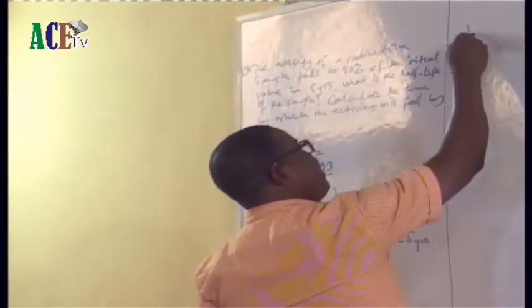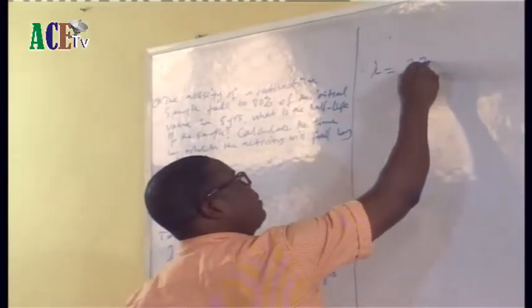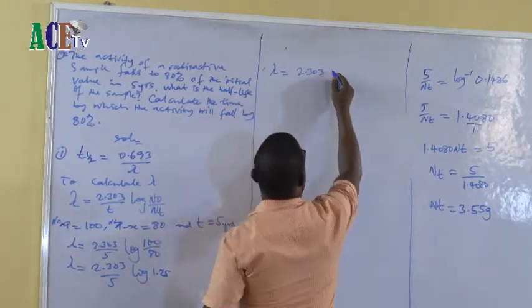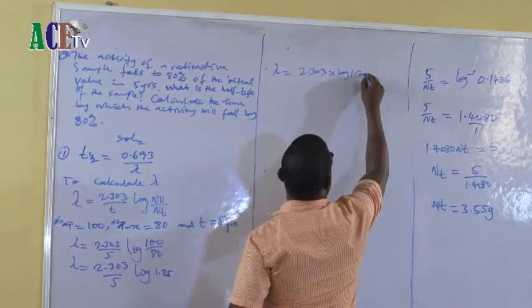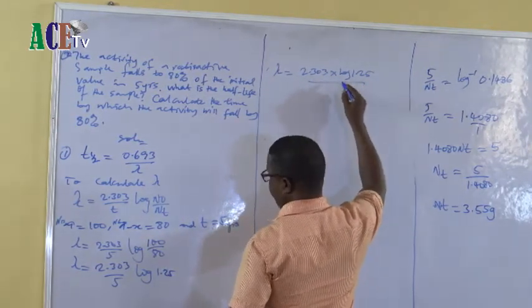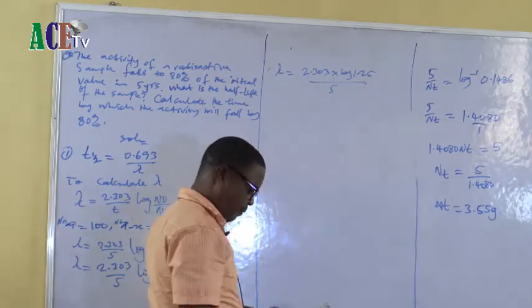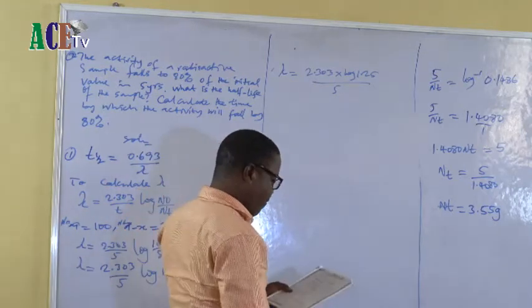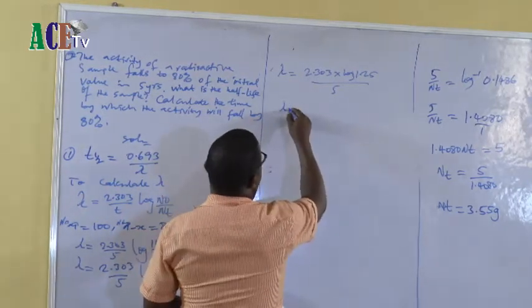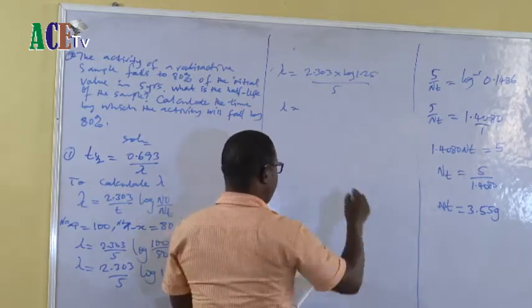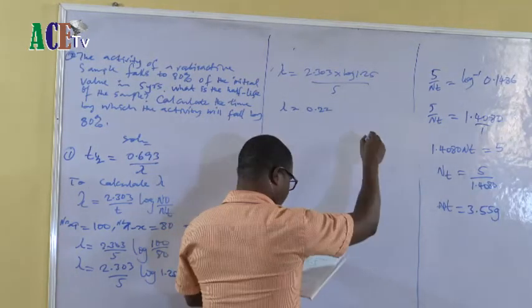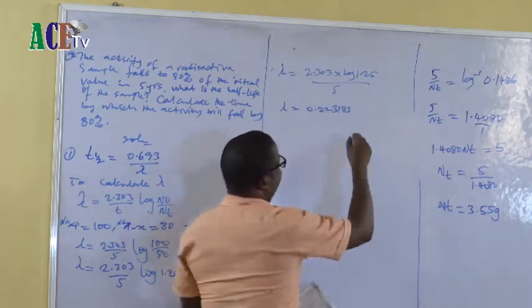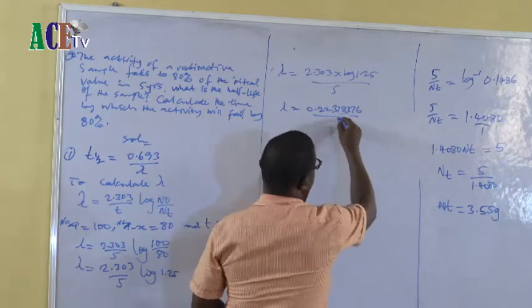So that means lambda is equal to 2.303 multiplied by log of 1.25 all over 5. So when we find the logarithm, it is 0.22, 3183.76 divided by 5.